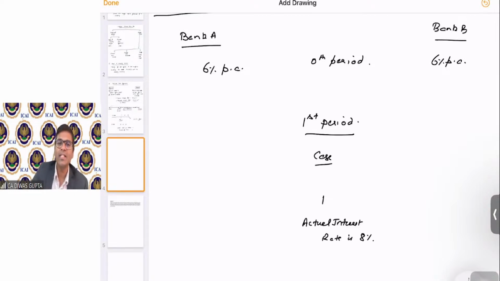Tell me, students, just apply the simple logic. For the existing arrangement of 6% per annum borrowing and lending between Bank A and Bank B, we come to know after 1 month, the actual interest rate is 8%. So whether Bank A has gained because of this commitment. Bank A has gained because of the commitment. Very good, Kusuma. Tell me, other students, what do you think? Who has gained and who has lost?